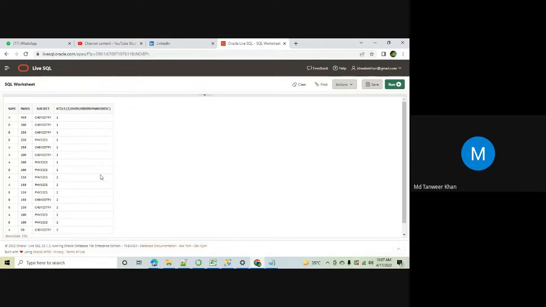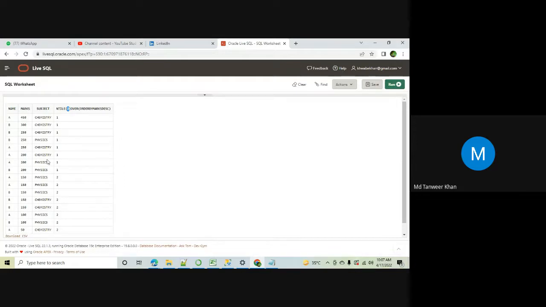The data set is divided in two parts. Very good. Why? Because I mentioned ntile 2, so that's why it is divided in two parts.